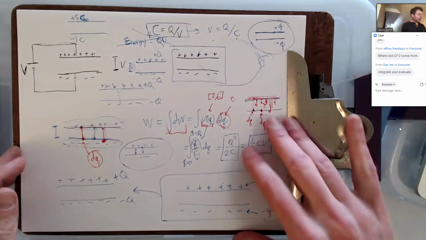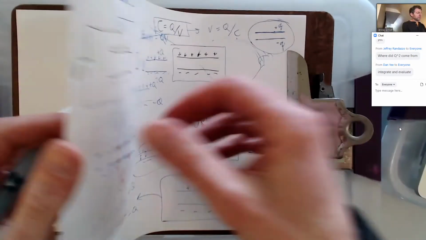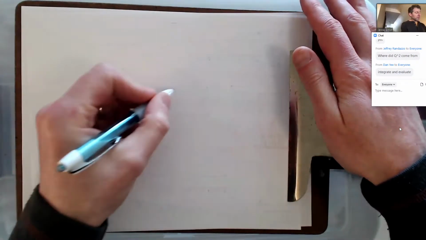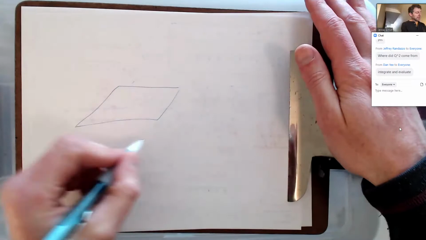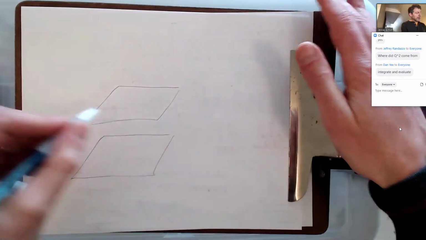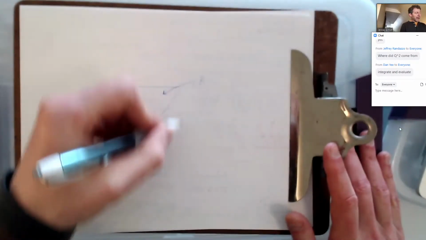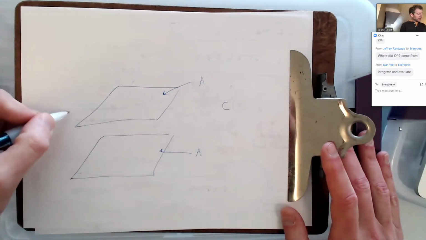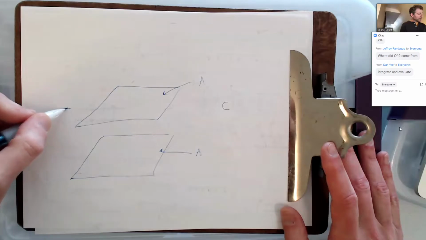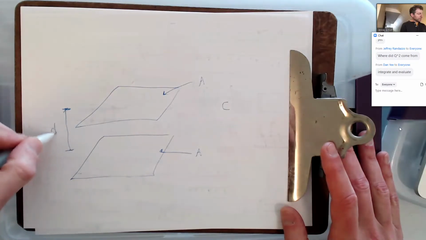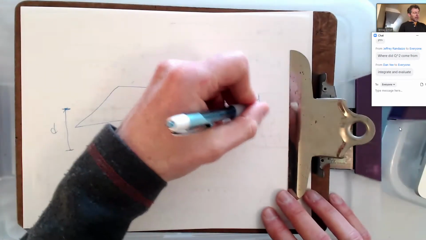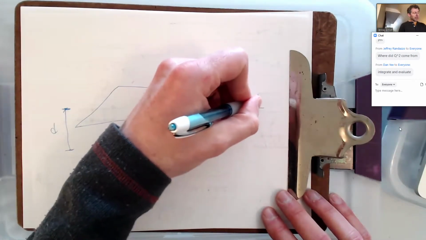For two parallel plates, each with a surface area of A, a distance d apart, the capacitance of this object is epsilon naught A over d, which we derived a while ago.